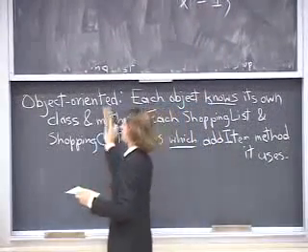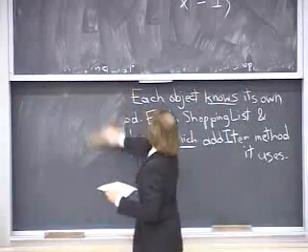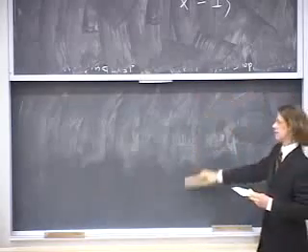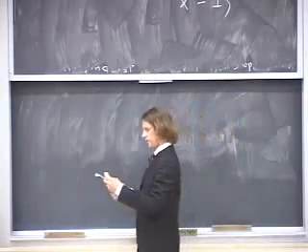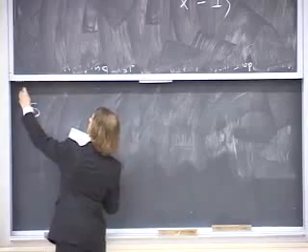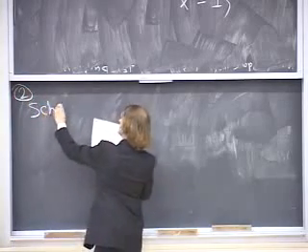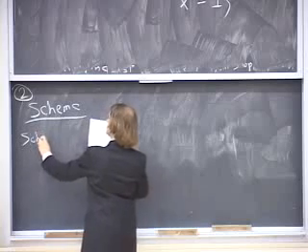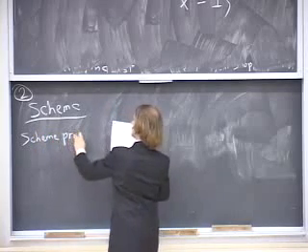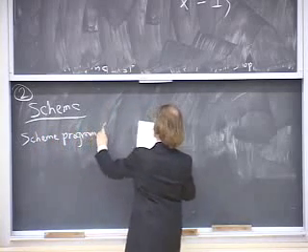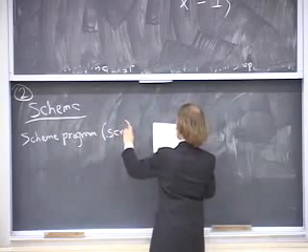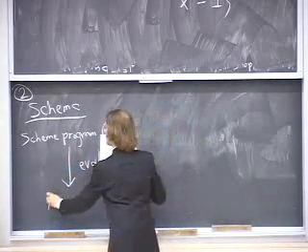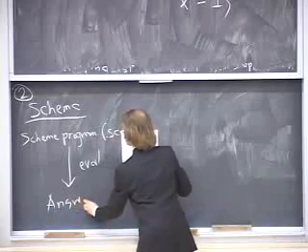And the second thing you need to know is that Java programs have to be compiled before you can run them. So in Scheme, you just have a Scheme program, and you run it through the evaluator, and it prints your answer.